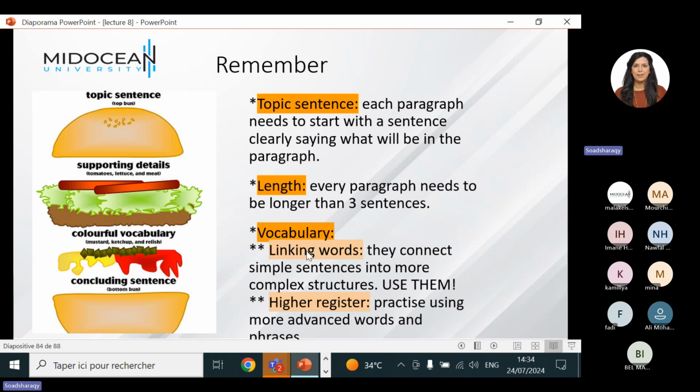Vocabulary. Linking words. They connect simple sentences into more complex structures. Use them. Higher register, practice using more advanced words and phrases.